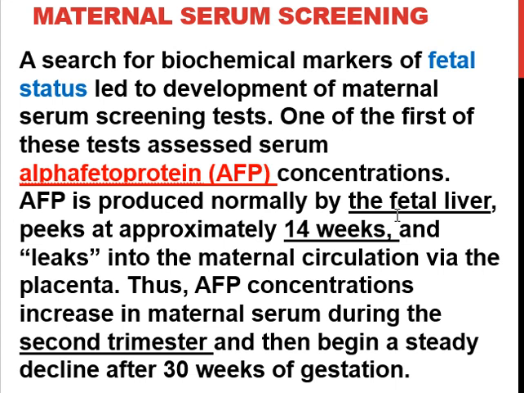Alpha fetoprotein is produced normally by the fetal liver and peaks at approximately 14 weeks of gestation, and then it comes into the maternal circulation via the placenta.